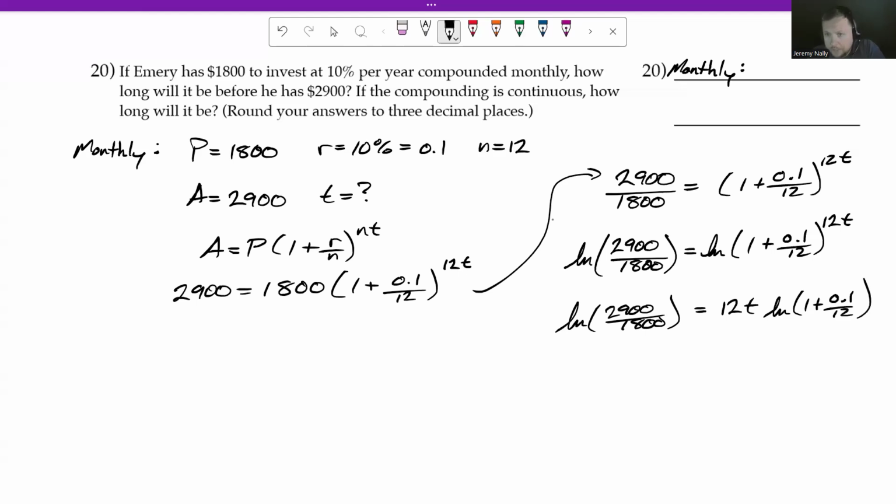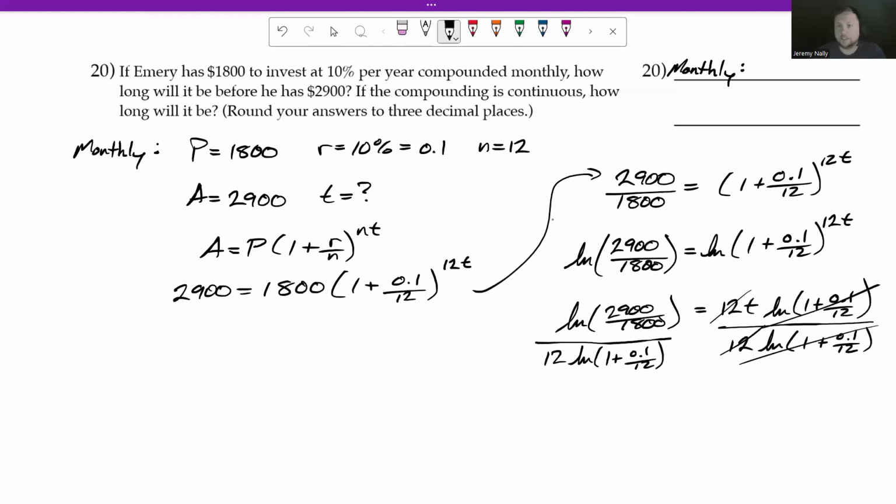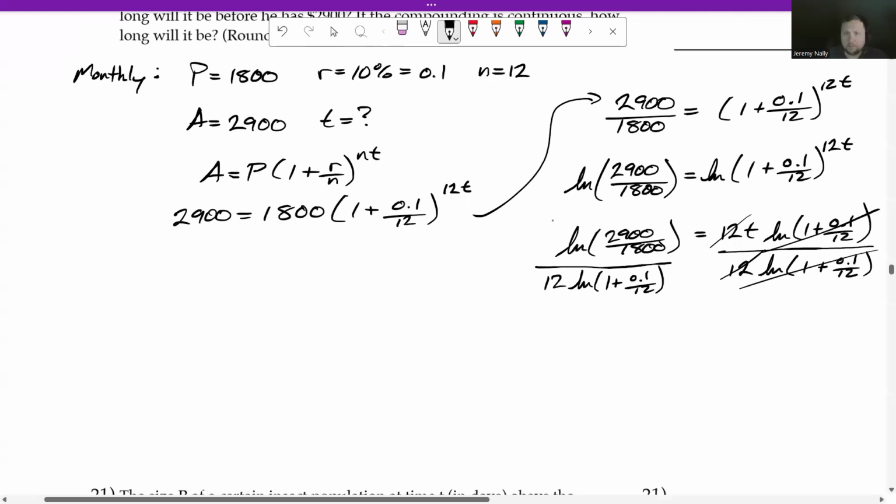Okay, and then to get the t completely by itself, I'm going to divide both sides by the product of 12 and then the natural log of 1 plus 0.1 over 12. So the 12s cancel out, and then this particular log cancels out.